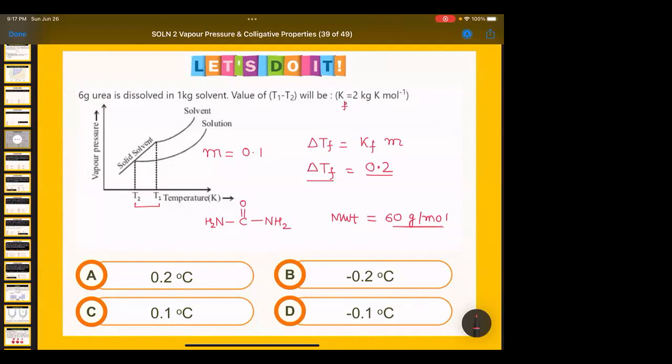So 0.2 is the difference. If they ask for T1 minus T2, T1 is higher and T2 is lower, so that is going to be positive. If they ask T2 minus T1, that could be negative. Clear?